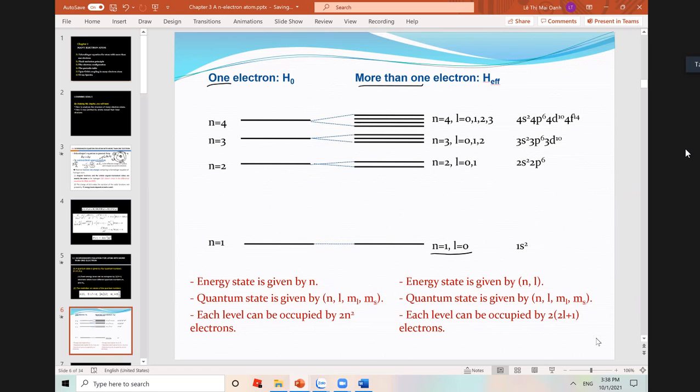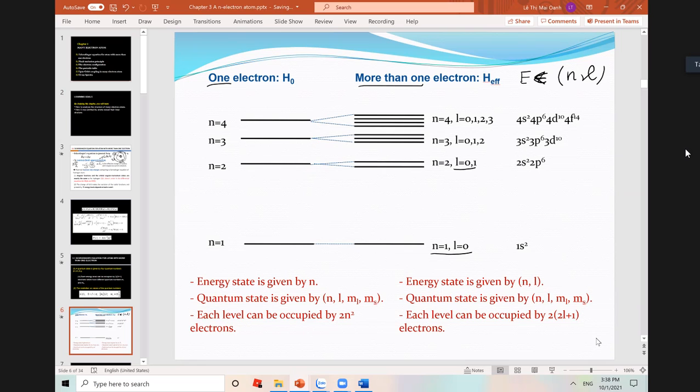However, when n equal to 2, you have two different values of l, so you have two different energy levels here. And in the shell n equal to 3, you will have three different values of l and three different energy levels. Yes, because here E depends on not only n but also l. So you can have different energies like this.